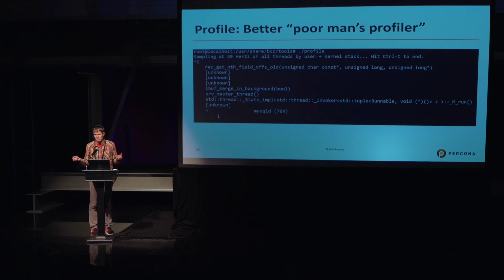If you know how MySQL works, that is actually quite helpful to understand what may be causing the load on the system. Now, anybody know why we are using a relatively strange sampling rate of 49 Hertz? Any idea why it's 49, a kind of strange number? Not 50, not 100. Well, the idea is a lot of people by default say, hey, we'll do it at the rate of 100 Hertz a second, or 50 or 10.